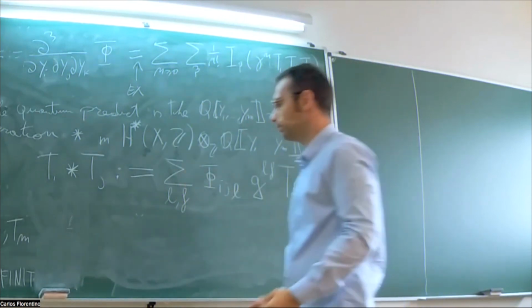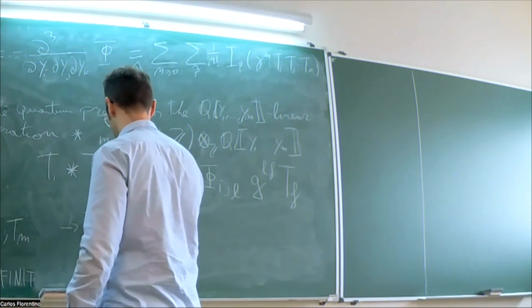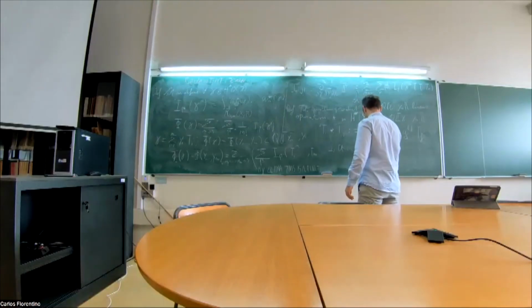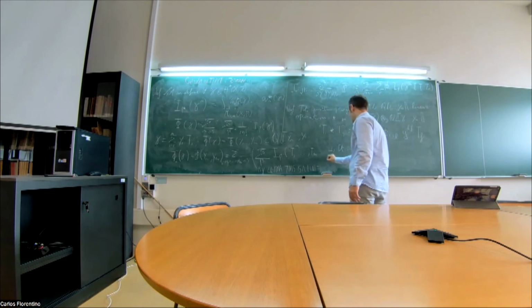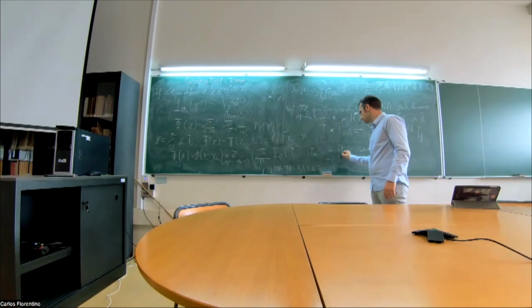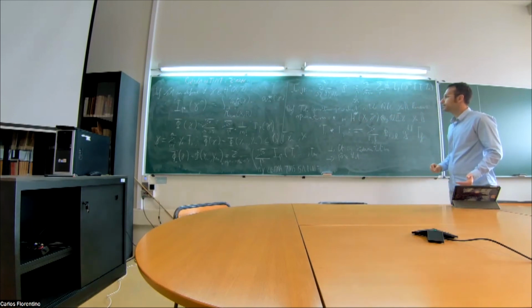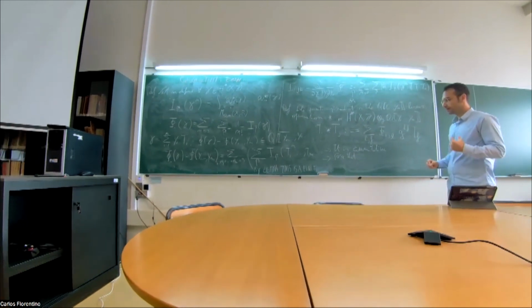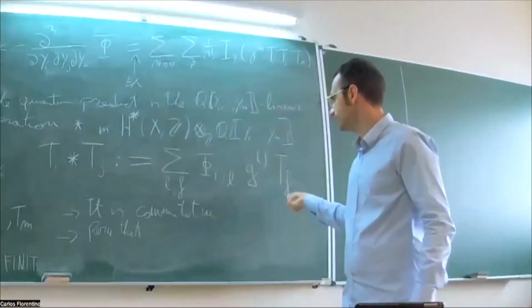So it's clearly commutative. As a very easy exercise, prove that zero is clearly zero here.